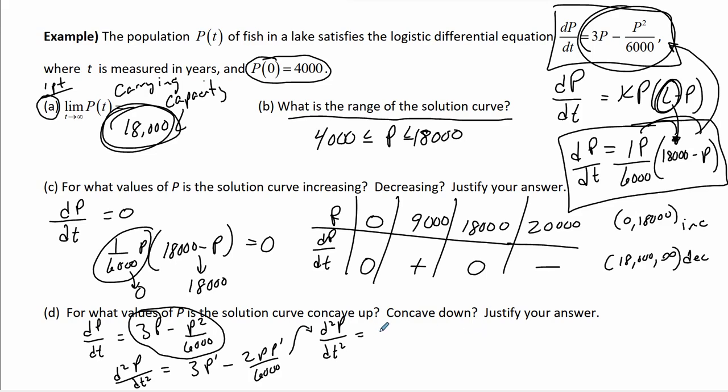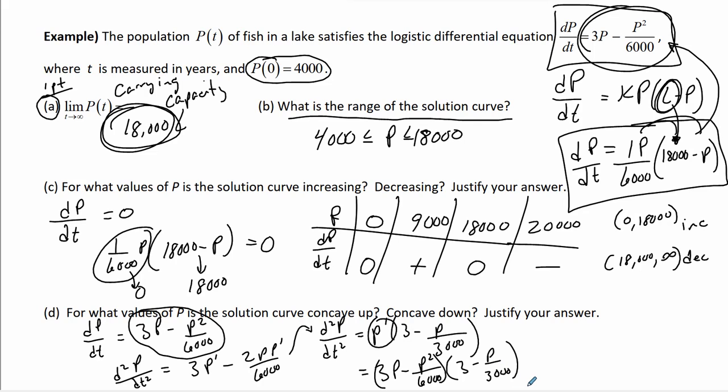So P prime times (3 minus P over 3,000). All right, so now plug in P prime, which is that. So I'm going to end up with (3P minus P squared) over 6,000 times (3 minus P over 3,000). Great, that works out a lot better. And you can even clean it up more if you really want to.